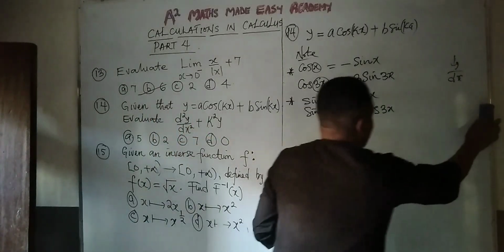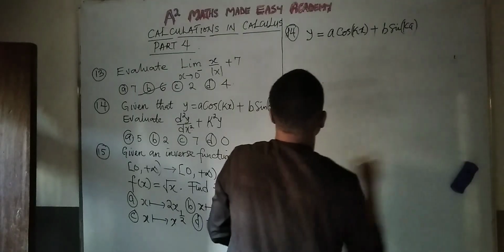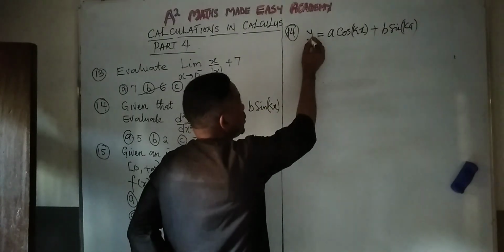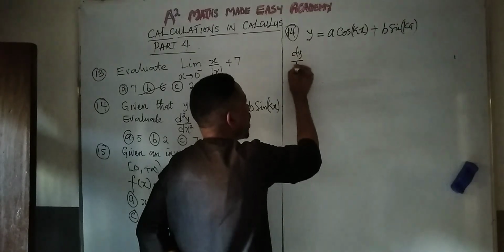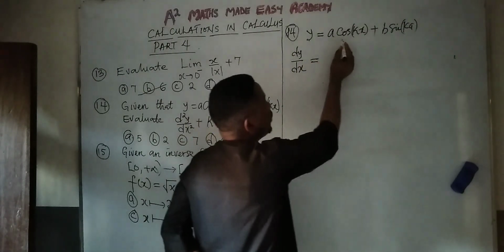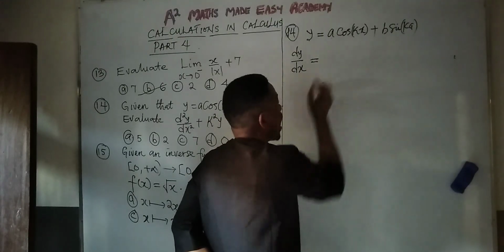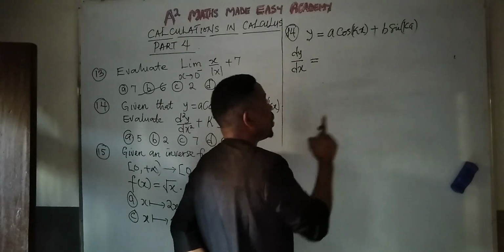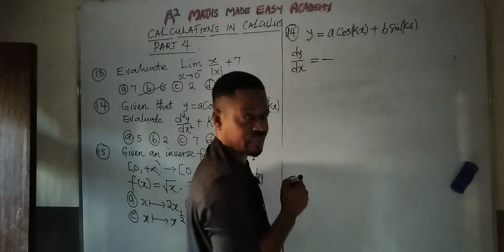Then let's continue. Watch. Let's take it one after the other. Now I want to differentiate y with respect to x, it will give you dy/dx. Then equal to. The law said differentiate one after the other. This A is a constant, and there is cos. I told you, anytime you see cos it must always go with negative.